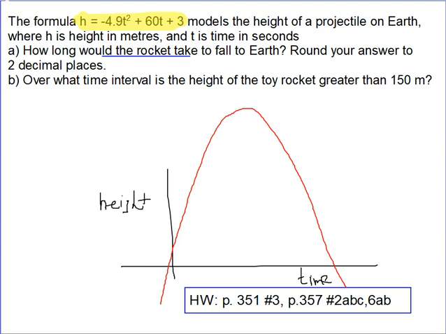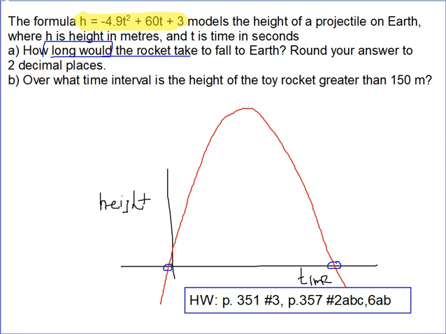We want to know what t is when this thing hits the ground. You might get a negative answer, and we know there's no such thing as negative time. You might get a positive answer too, and that's what we're looking for. When is this thing going to hit the ground?